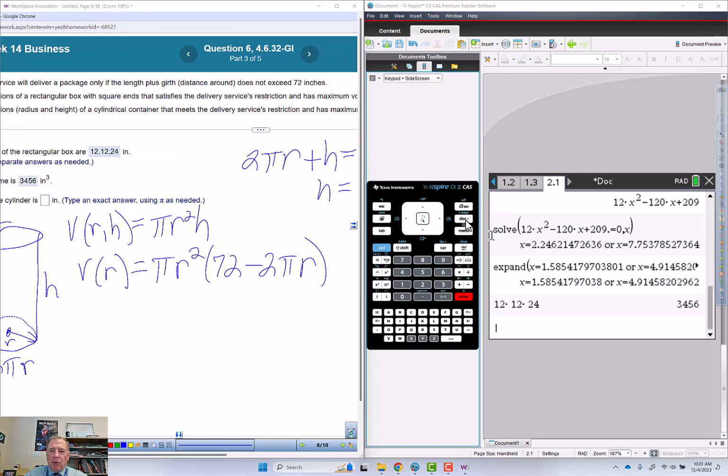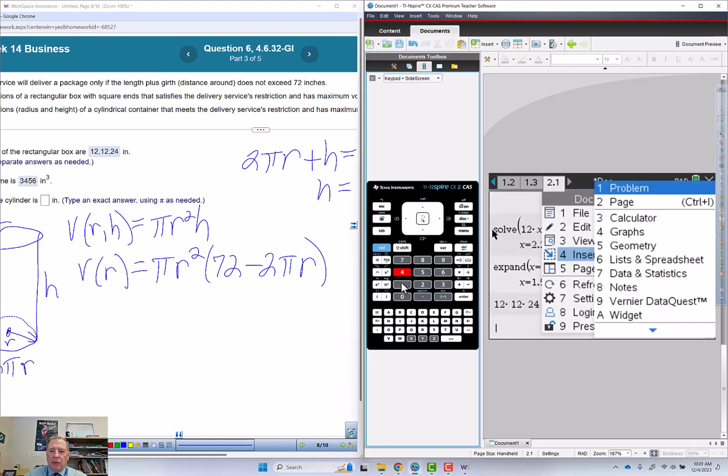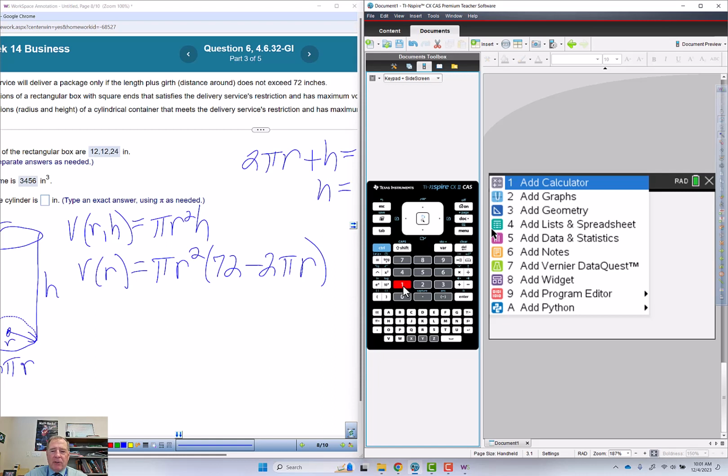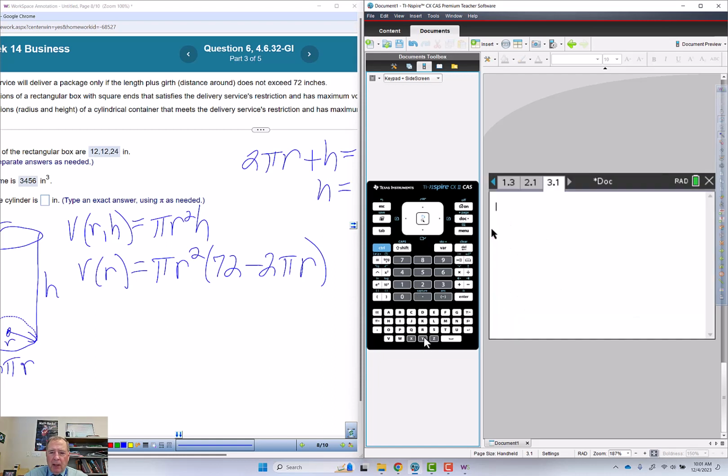I'm going to start a new problem, doc, 4 for insert, 1 for problem, and I'm going to use a calculator page. I'm going to define volume as a function of radius. In the calculator page we're going to go control, palette-o-math, and above the palette-o-math is this colon equals, which stands for is defined as. I'm going to go to the pi palette for my pi r squared, then parenthesis 72 minus 2 pi r.